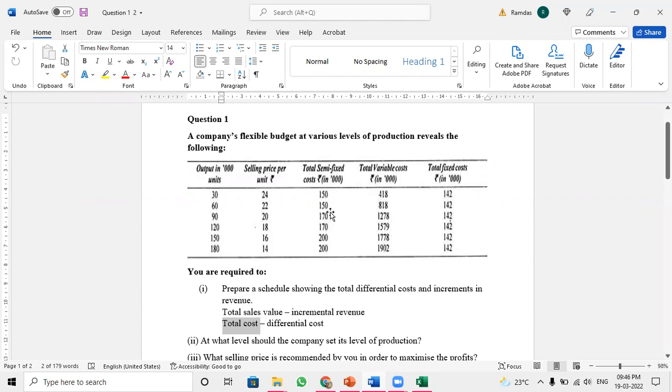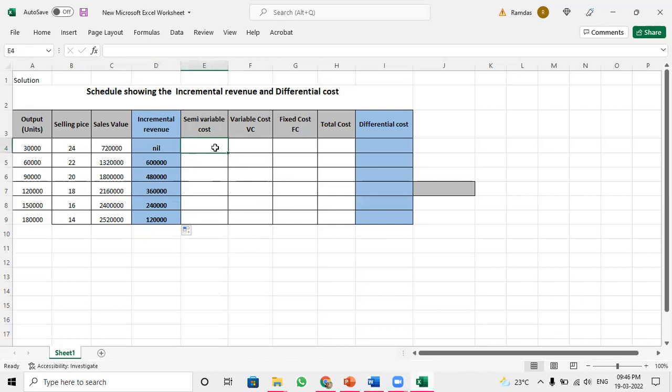So it is 150, 150, 170, 170, 200, and 200, expressed in thousands.